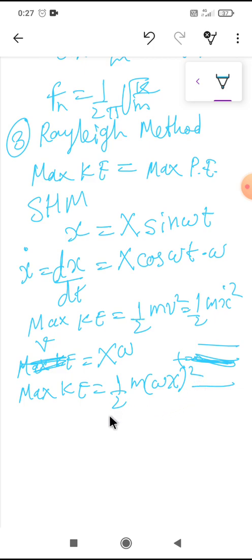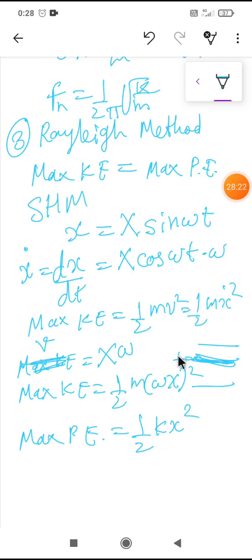So that is 1 by 2 m omega X square. Similarly we will find the maximum potential energy. What is the maximum potential energy? That we know, it is 1 half k x square.